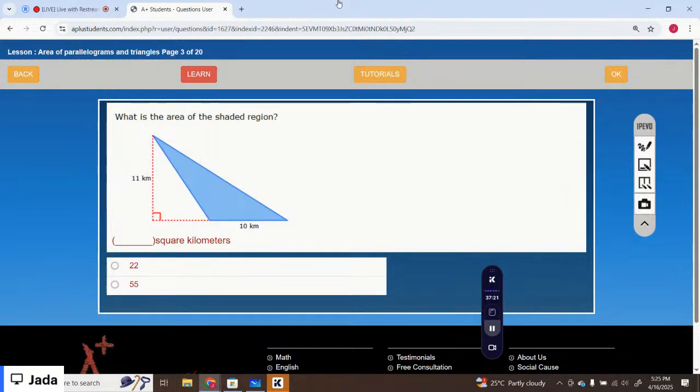That is half times base times height, and then that would be 55. Option number 3 is the correct option.